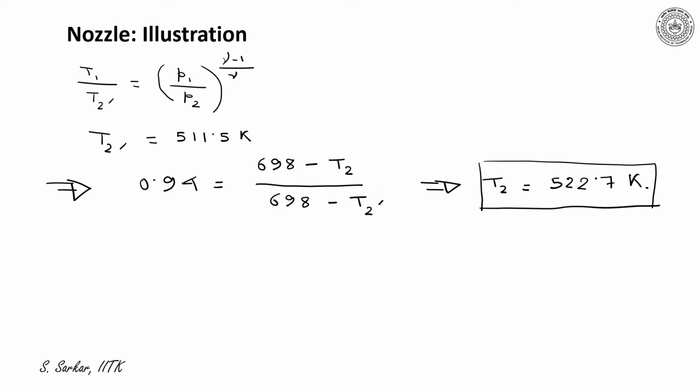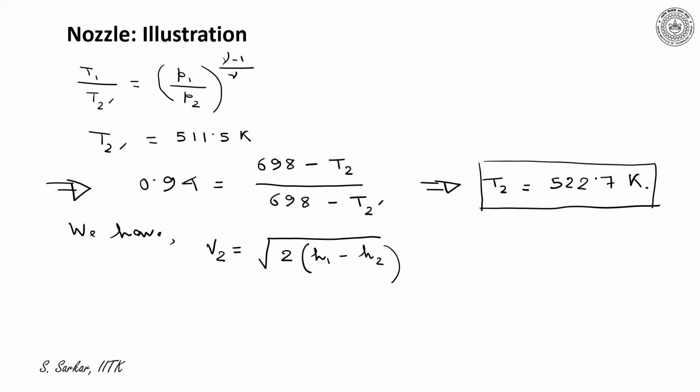Right. Now we have V2, the actual velocity at exit, is equal to root over twice (H1 minus H2), if I neglect approach velocity.